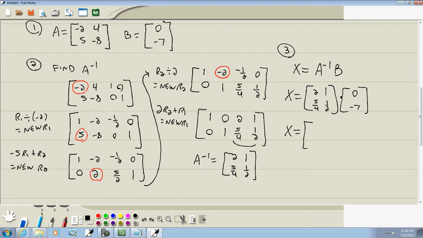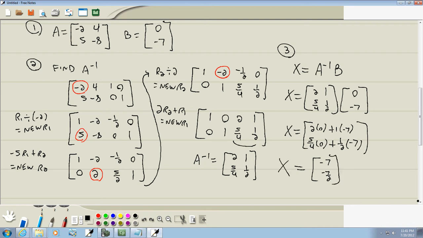So we're going to take this row times this column. So we got 2 times 0 plus 1 times -7. And then we'll take this row times this column. So we got 5/4 times 0 plus 1/2 times -7.